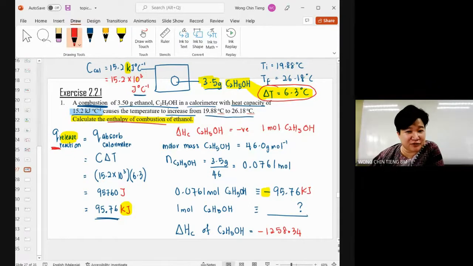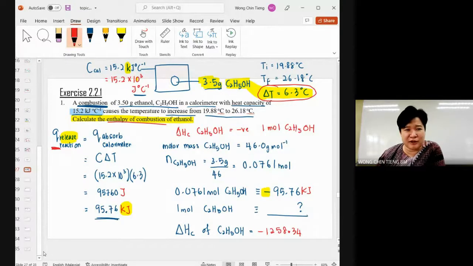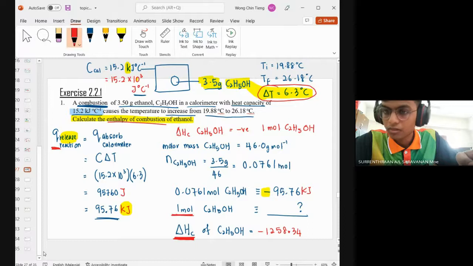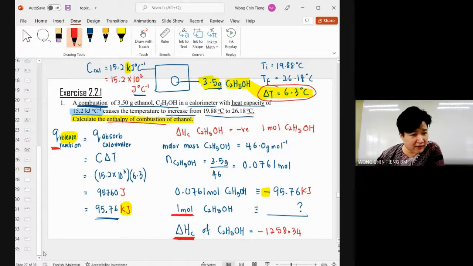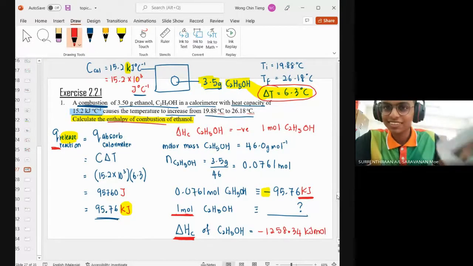Unit, we leave it to Suren. Suren, can I have the unit? Kilojoule. Come on, Adriana, you can do better than that. Kilojoule per mole, kilojoule mole negative 1.